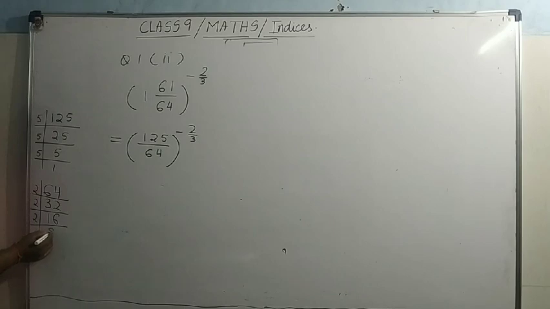So 8, this is 4, this is 2, this is 1. So 2 is coming how many times? 1, 2, 3, 4, 5, 6.